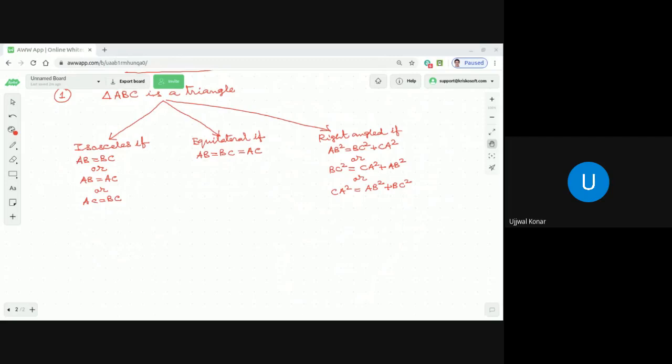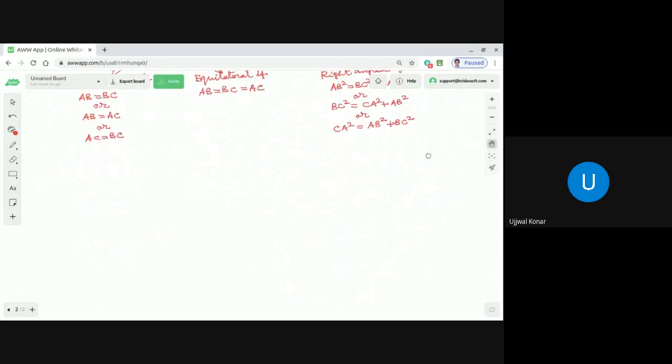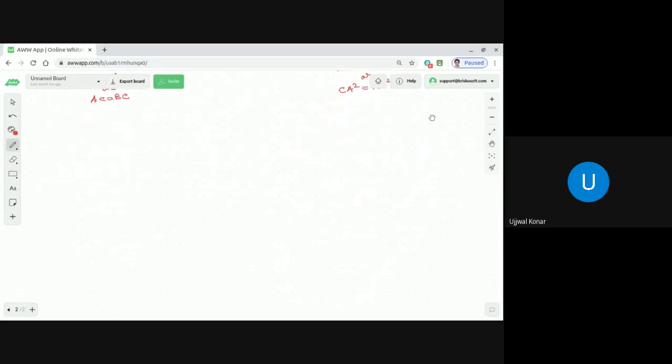So I'm going to write it here. The second point is that ABCD is a quadrilateral. Now if ABCD is a quadrilateral, we can say it can be a parallelogram if AB is equal to CD and AD is equal to BC. Correct or not?